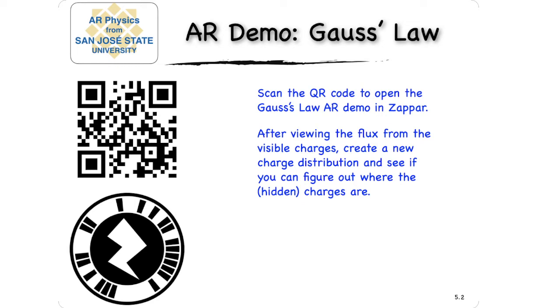So you have to generate a new charge distribution before they disappear. So that trick's not going to work until you get past the first example. So while you're doing that, I'm just going to start with our introduction today.